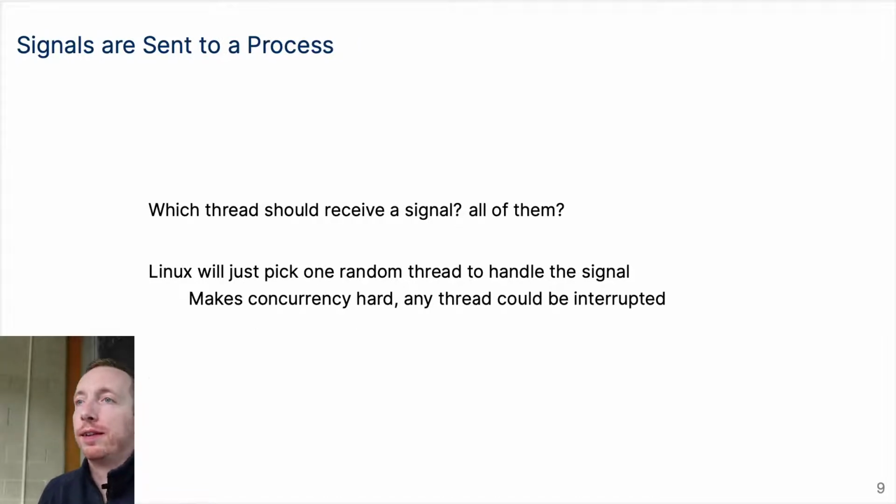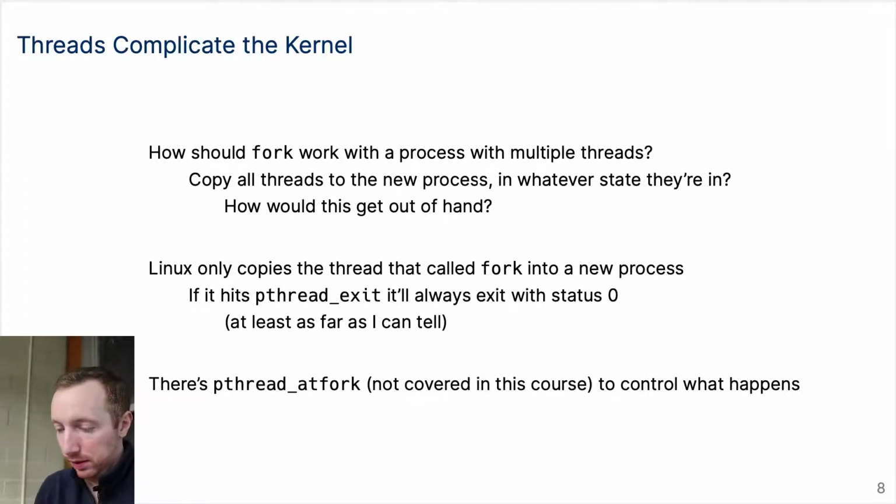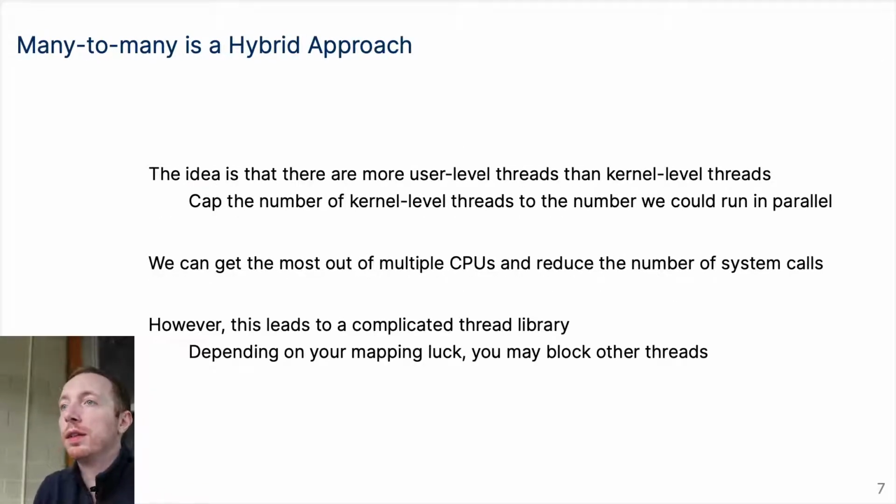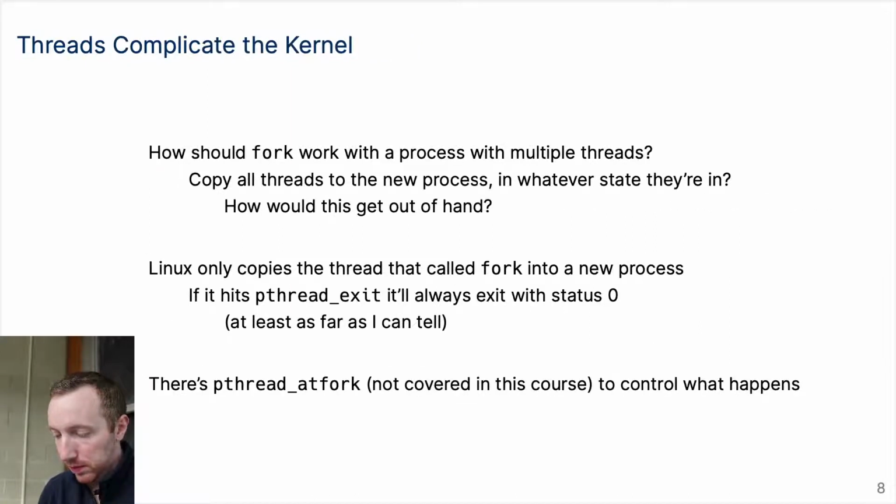Oh, yeah. On the previous slide, what does it mean that pthread_exit has status 0? Oh, yeah. So that new process would be a single thread, and it could be within our run, right?